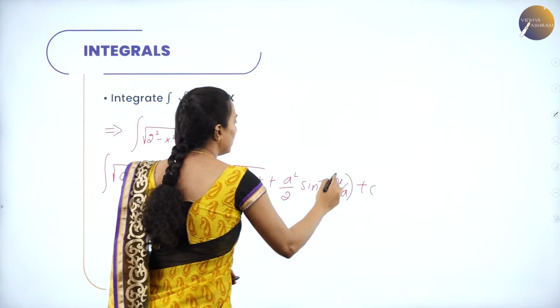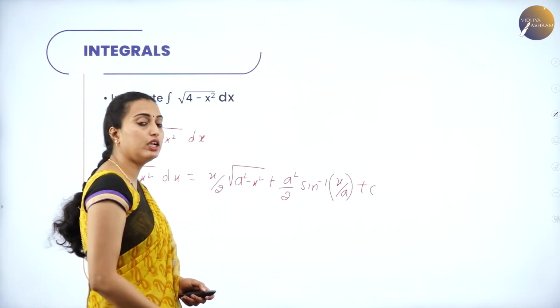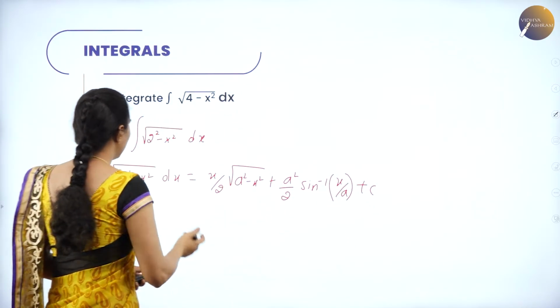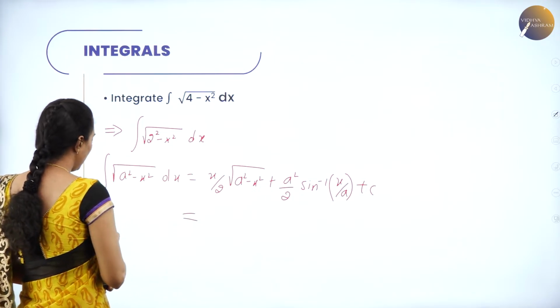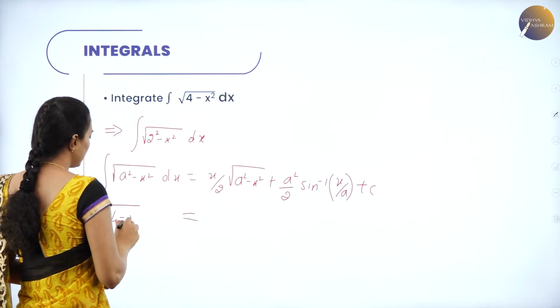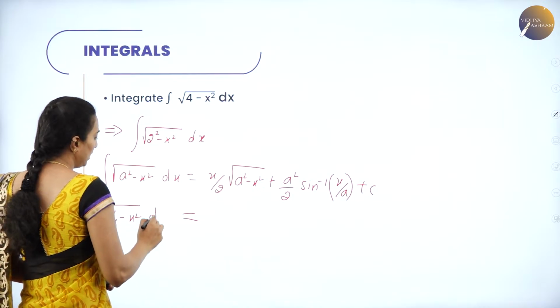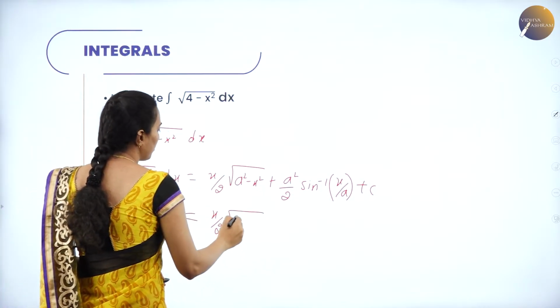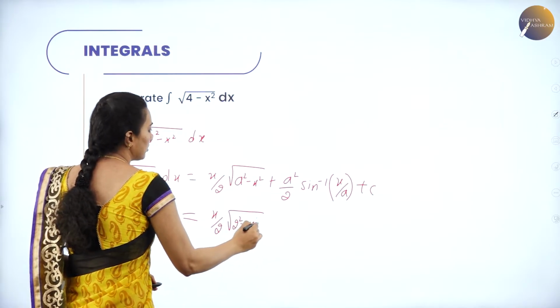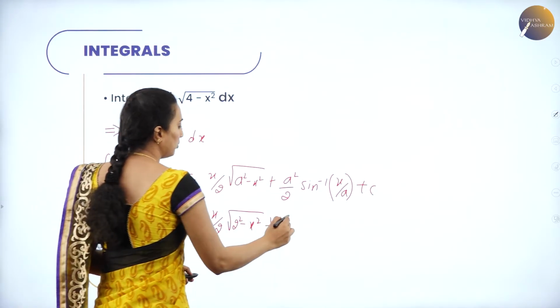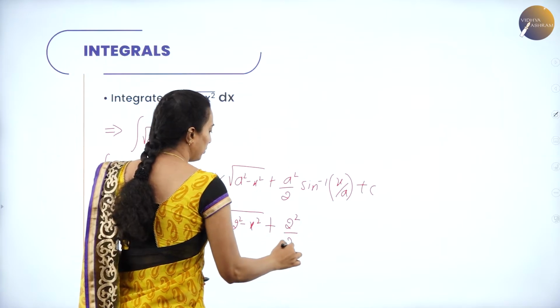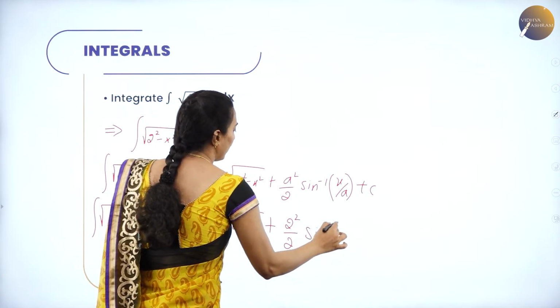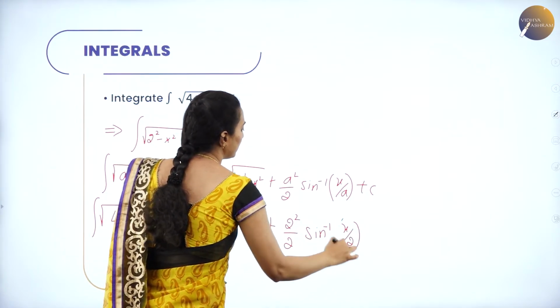So therefore here a is nothing but 2 and x is the same, you are going to get. So the integral of under the root of 4 minus x squared dx will be equal to x by 2 into, as it is, under the root 2 squared minus x squared, plus a squared by 2, that is 2 squared divided by 2, into sine inverse of x by a, that is x by 2, plus c.